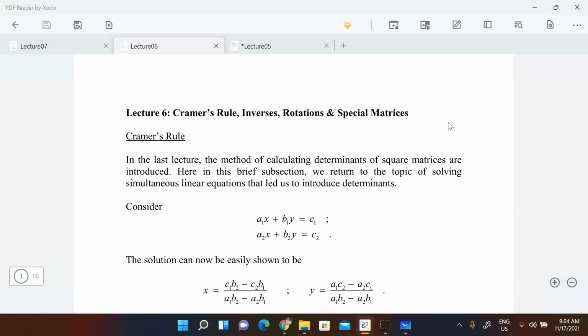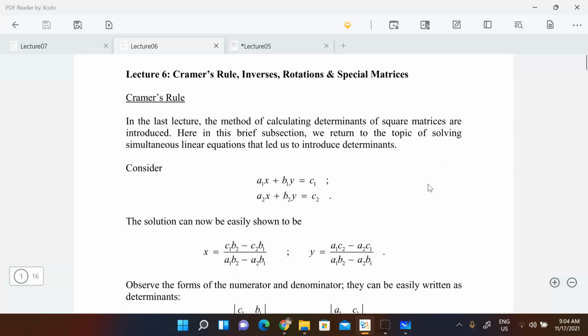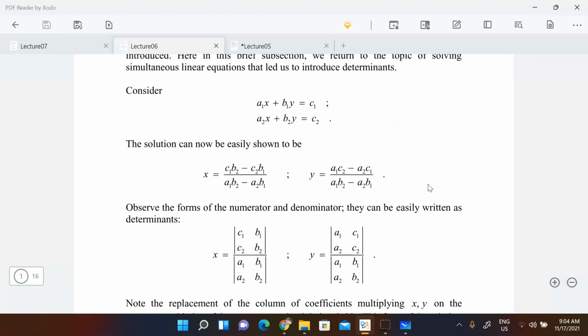So let me just remind you what Cramer's rule is. I think I've mentioned this to you before. You have done Cramer's rule, at least for the case of two simultaneous linear equations in this way. If you simply use the technique of elimination of variables, one can arrive at this particular solution for x and y.